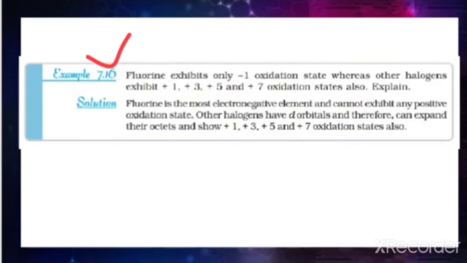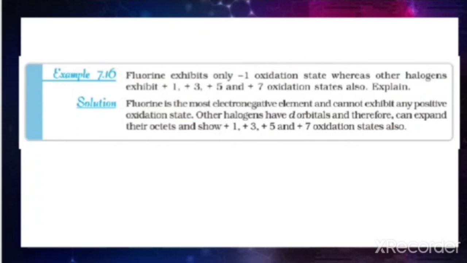First, fluorine does not have a vacant d orbital in its valence shell, and the second point is fluorine is the most electronegative, so therefore it cannot exhibit the positive oxidation state. But other halogens have the vacant d orbital, so excitation is possible, therefore they show positive oxidation states.